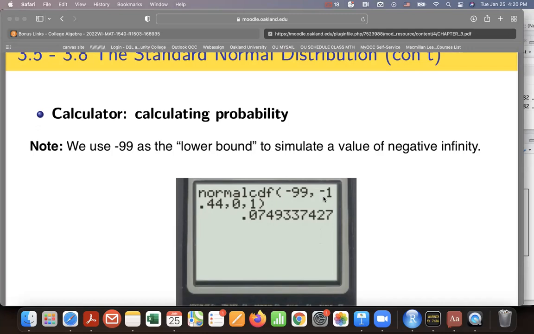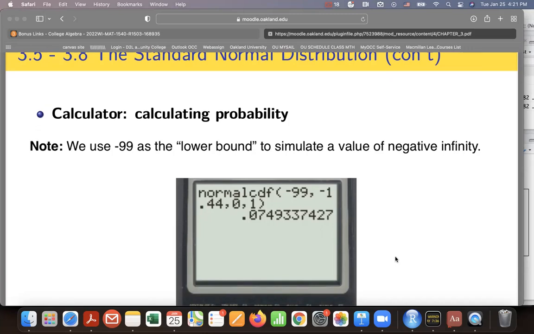And then mu, you put 0, sigma, you put 1, and then paste. Is that what you have? Yeah, now I got 0.127. Yeah, that's the probability of someone studied less than Julie. So roughly 13%, 12.7%, so 13%.